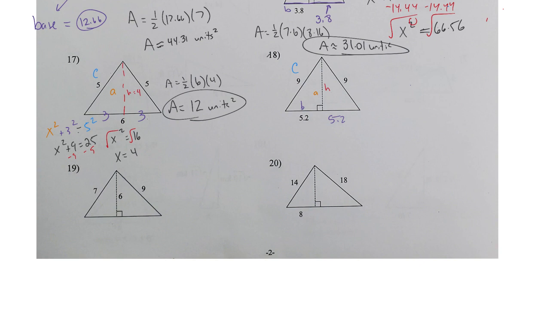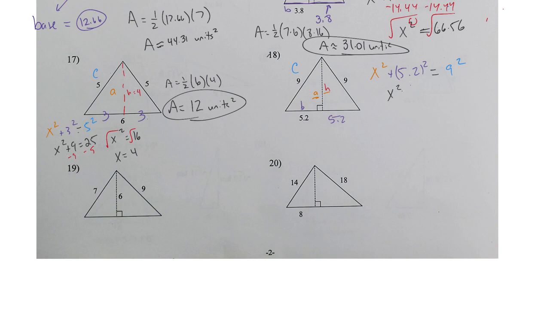So I have x squared, because we don't know a or h, plus 5.2 squared equals 9 squared. So I do 5.2 squared in my calculator. I end up with 27.04.